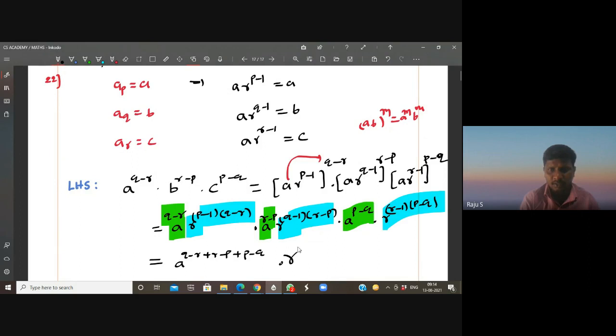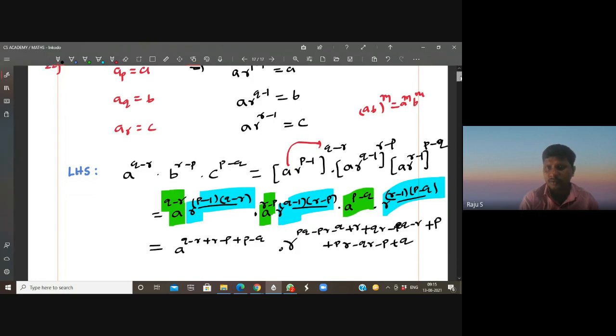When I multiply here: pq minus pr minus q plus r. Am I right? This is the first one. Next, multiply this: plus qr minus qp, that is pq in order, minus r, minus times minus gives plus p. Next, multiply these two: plus pr minus qr minus p plus q.